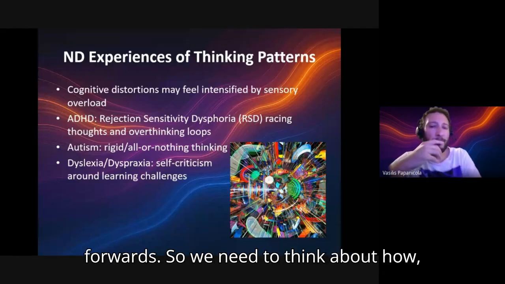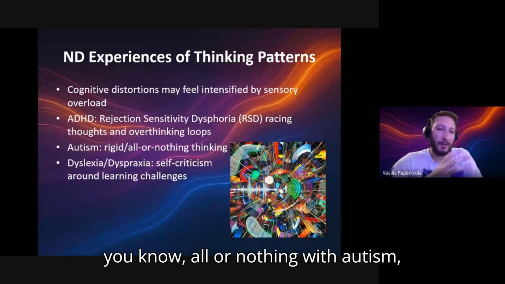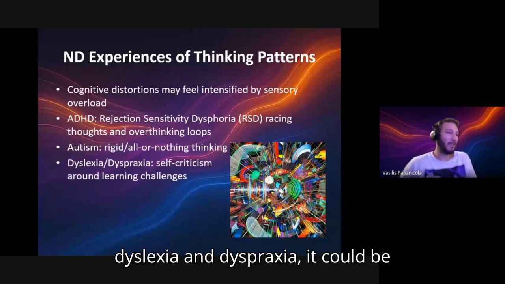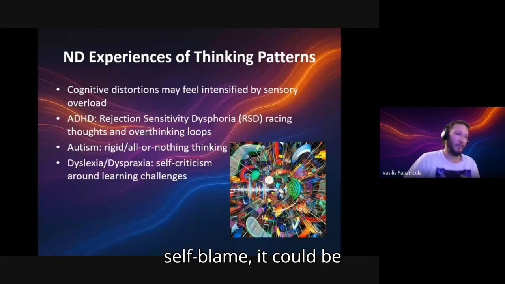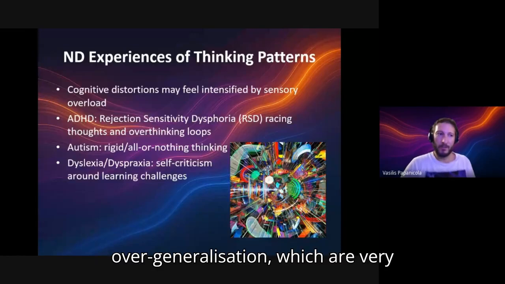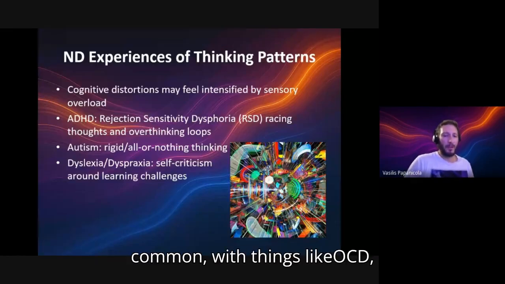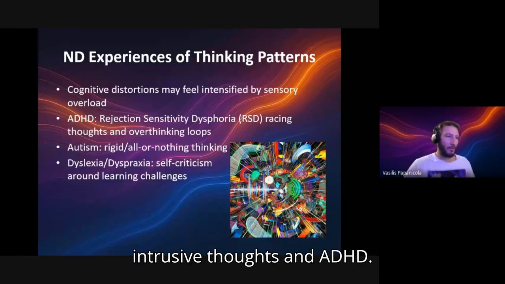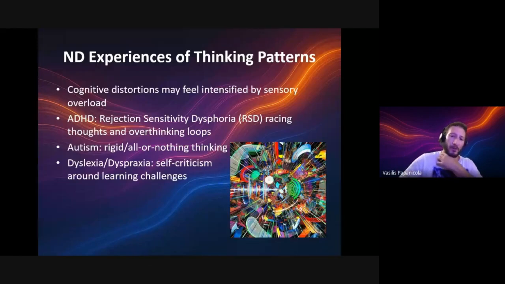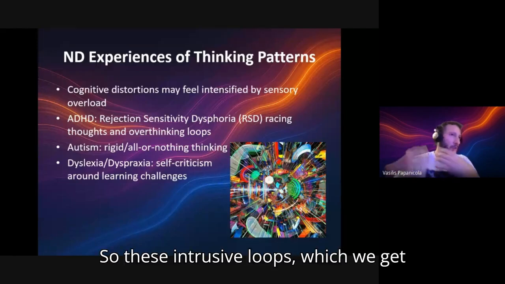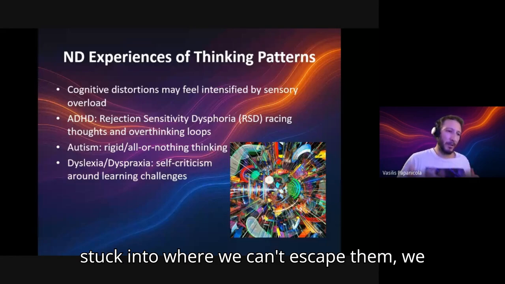So we need to think about how all-or-nothing thinking with autism, dyslexia and dyspraxia could be self-blame or overgeneralization, which are very common. With things like OCD, intrusive thoughts, and ADHD, these are intrusive loops which we get stuck in, where we can't escape them.